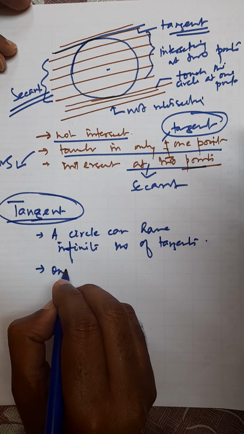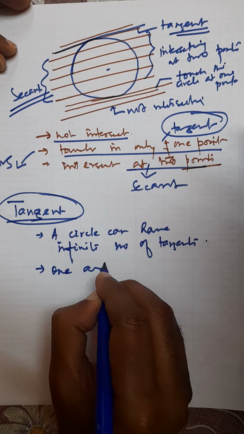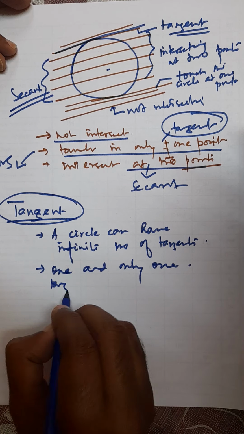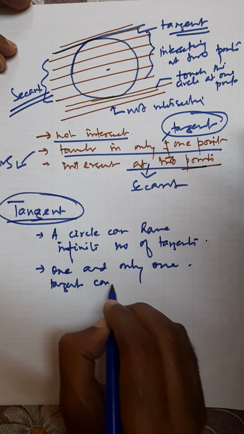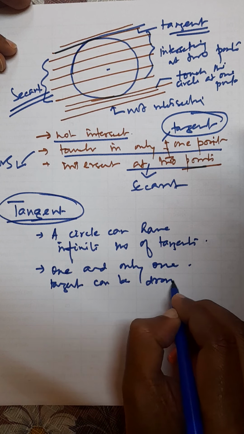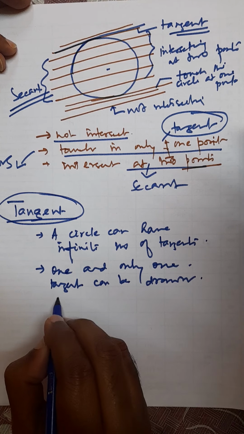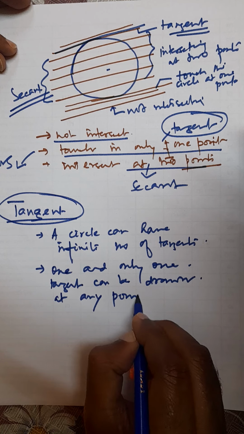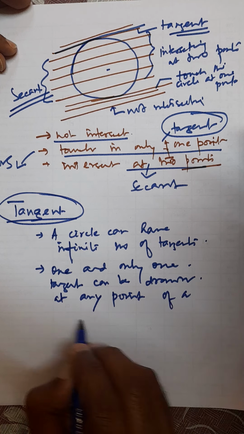Only one and only one tangent can be drawn at any point of a circle.